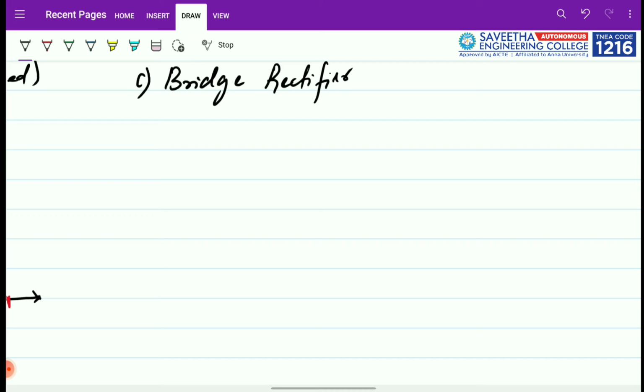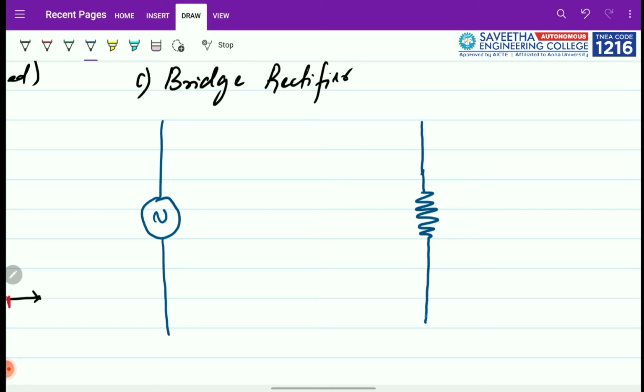So here, to understand that, I have an input supply. Here I have been given a resistive load, which is considered to be a DC load.